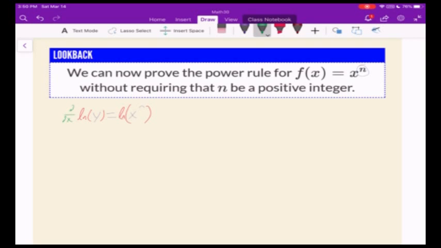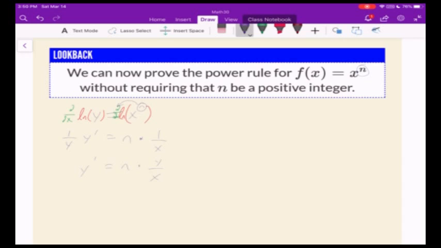Natural log both sides, take the derivative, 1 over y times y prime, implicitly deriving the left side, and then you can move the n down times the derivative of the natural log of x.